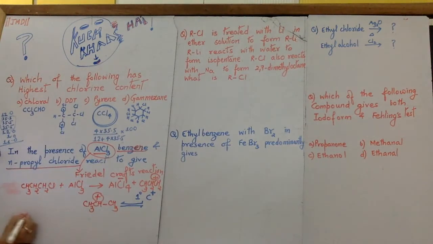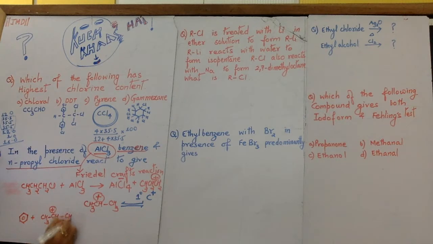This isopropyl carbocation attacks benzene and benzene undergoes electrophilic substitution. One bond will break from here, this carbon will acquire negative, this will acquire positive charge and you will be getting isopropyl benzene.